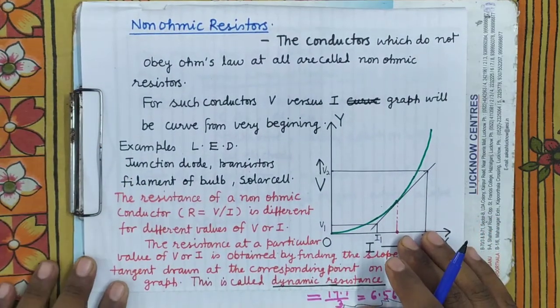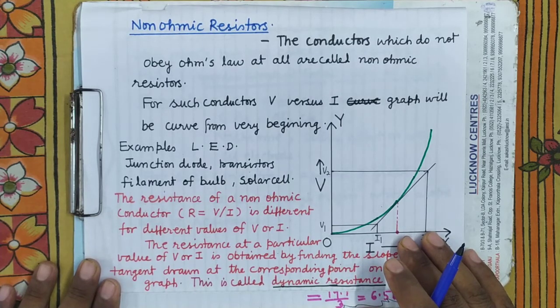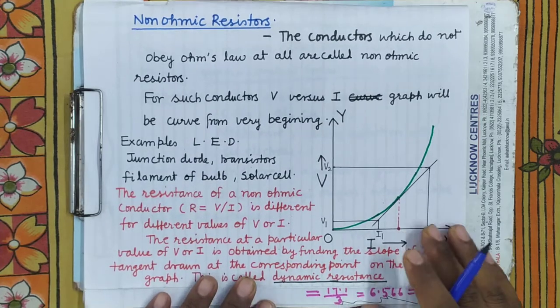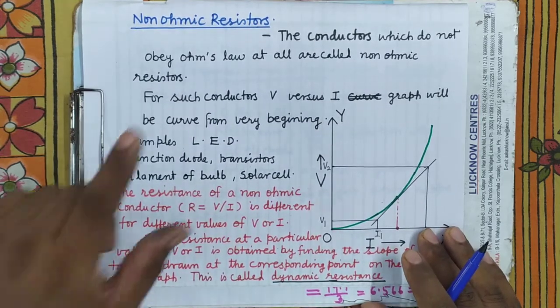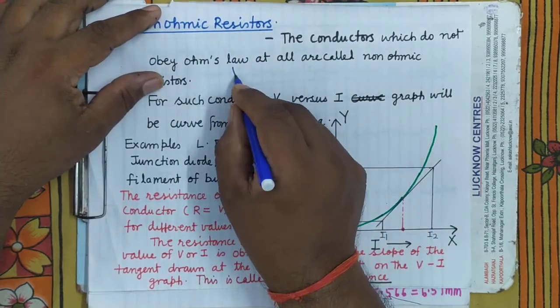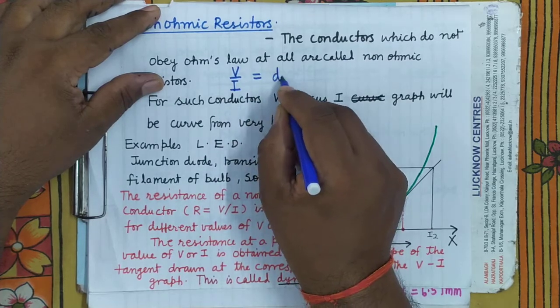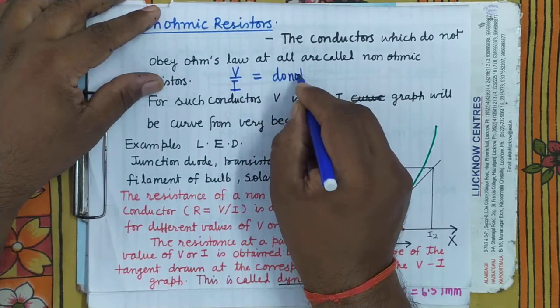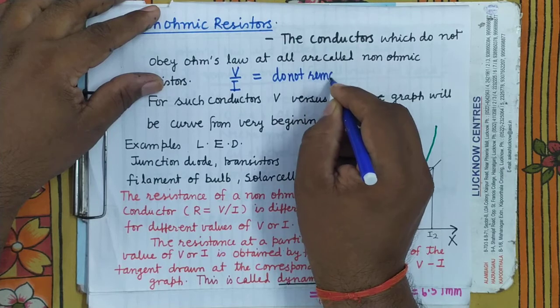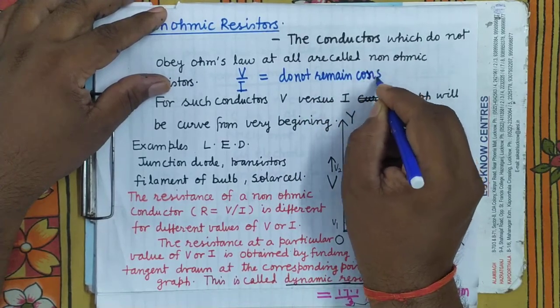Meaning these conductors do not follow a constant proportionality between V and I. V upon I does not remain constant.